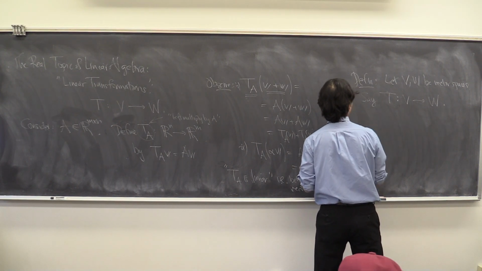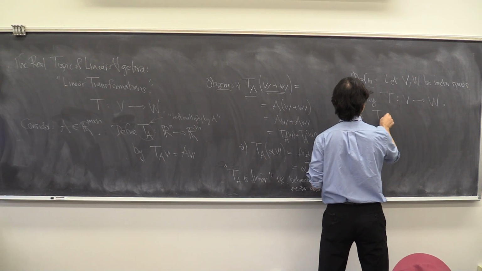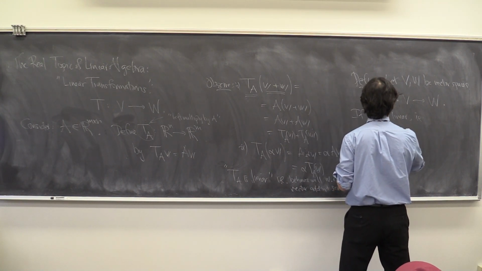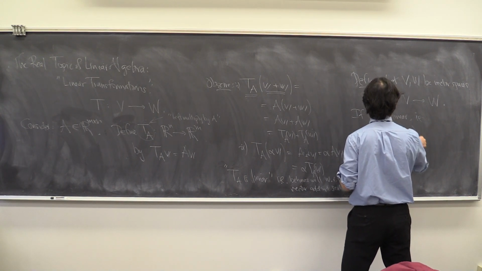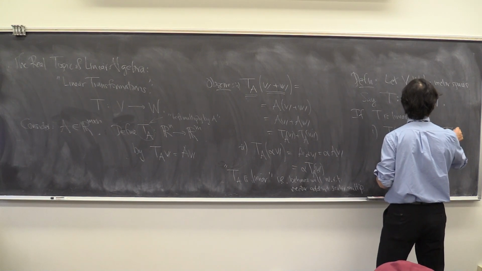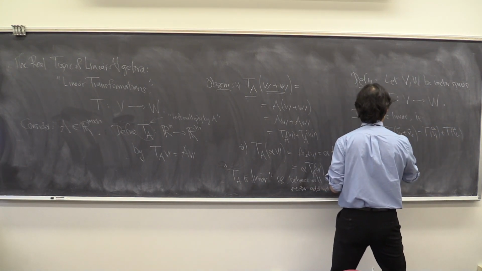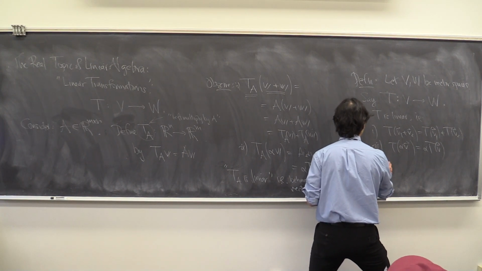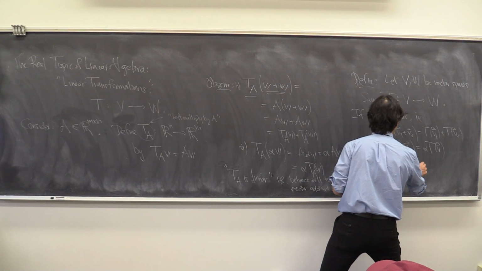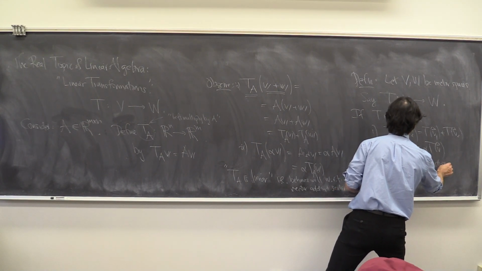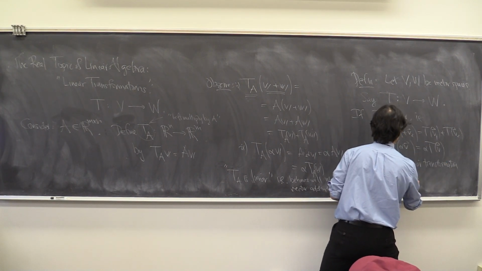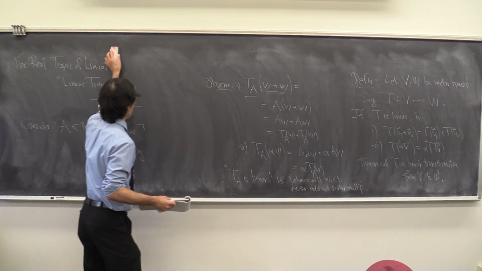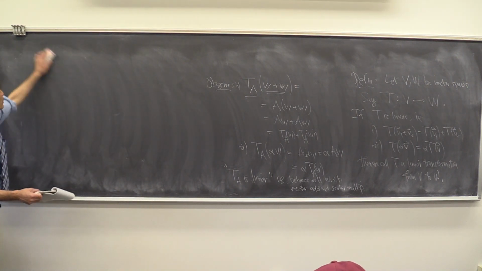If T is linear, in other words, T of V1 plus V2 equals T of V1 plus T of V2, and T of alpha V equals alpha T of V, then we call T a linear transformation from V to W. But always keep in mind that you have this prototypical example.